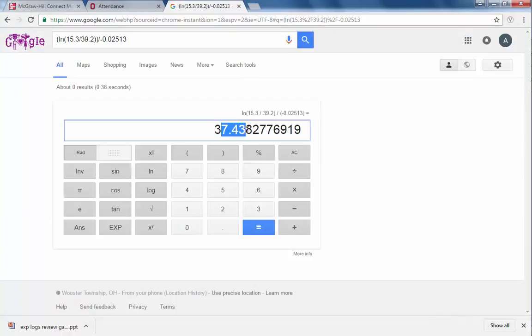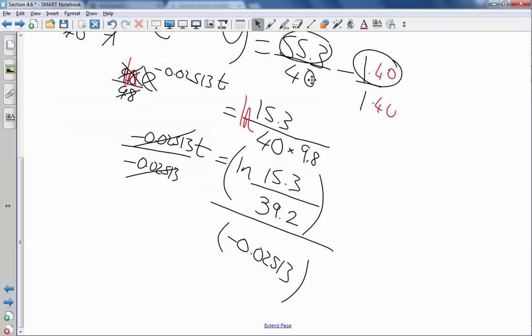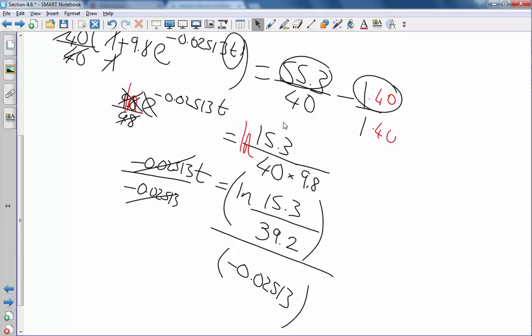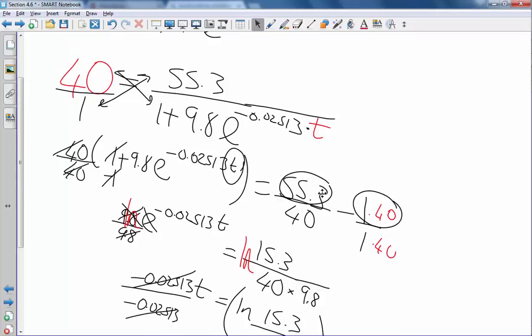This is too much. We messed up somewhere. Isn't it 55.3? Double check. 15.3. 55.3, right? This top.